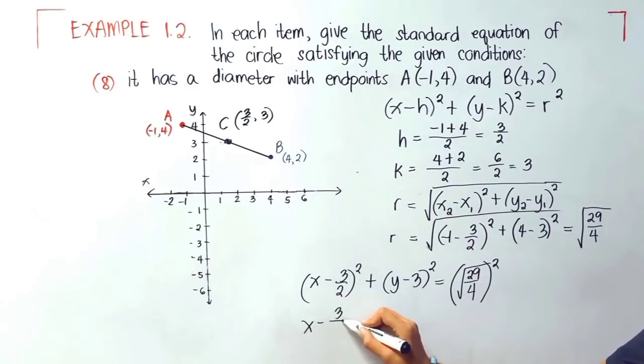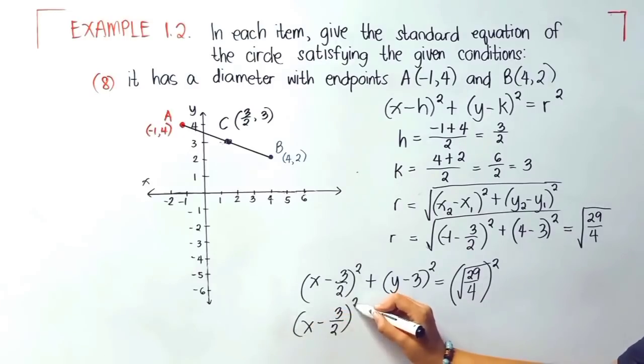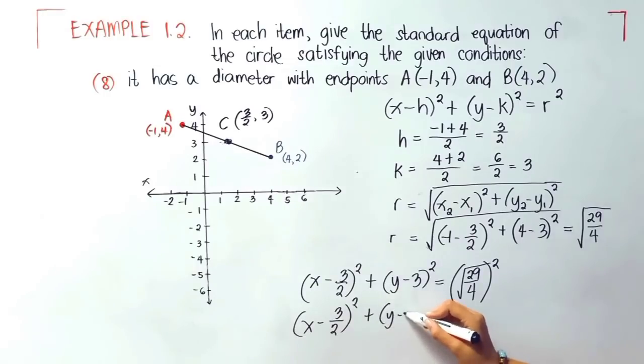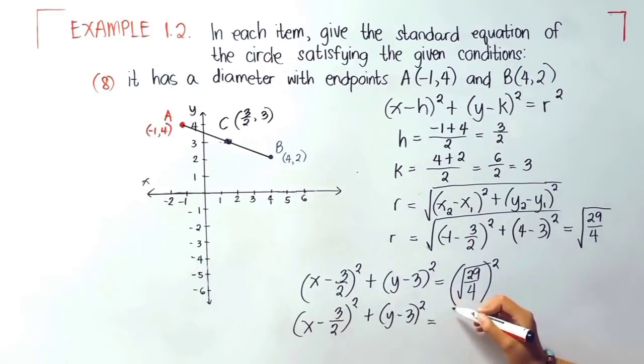So we have here, rewriting this one, since the square root and the exponent will be cancelled, we have 29 over 4.